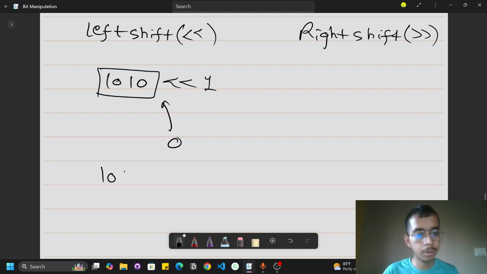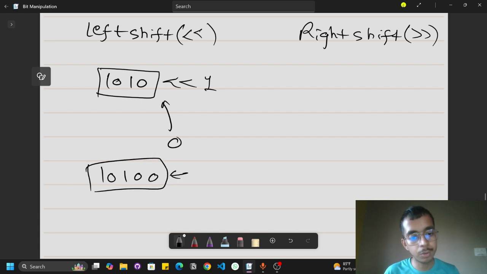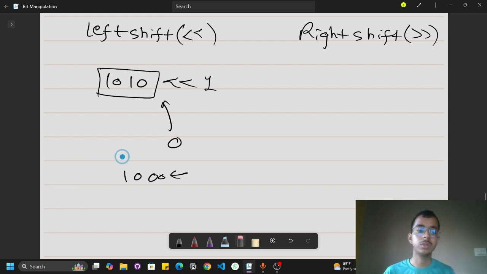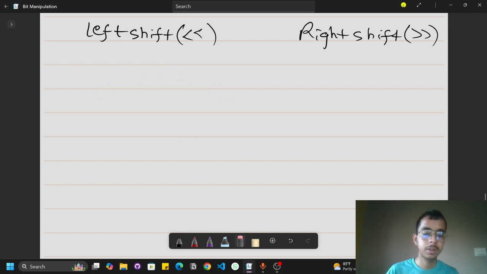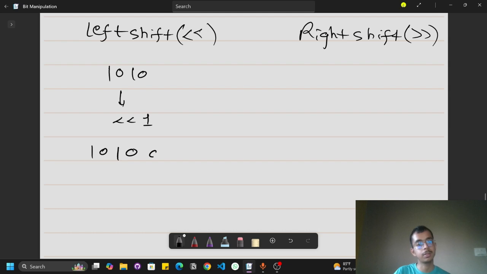So the number will become 10100. Again, if you do it, you are going to push a 0 here. Only the zeros are pushed. So a number is this, and if I left shift it by one, the number becomes this.